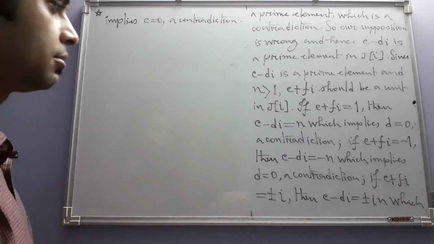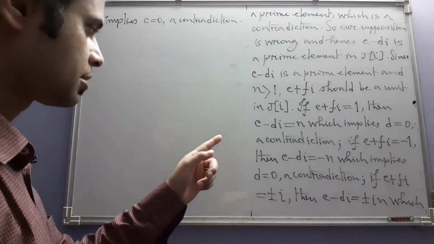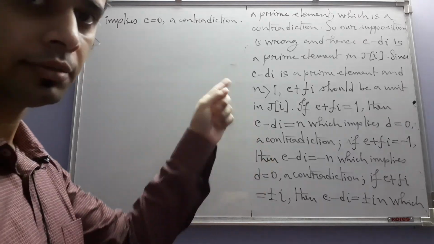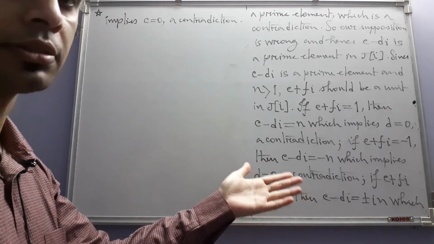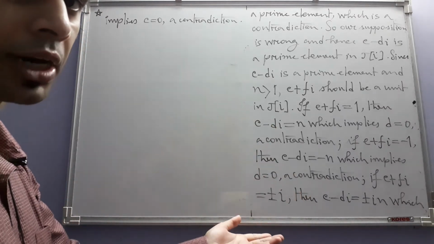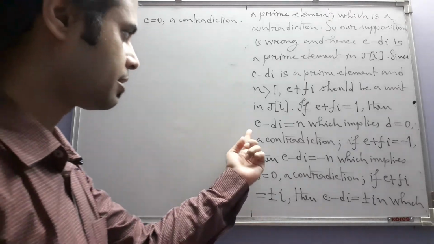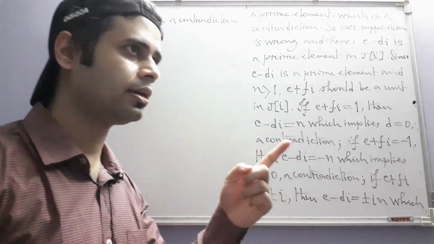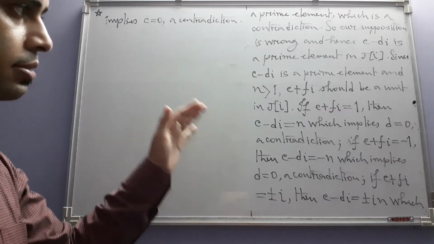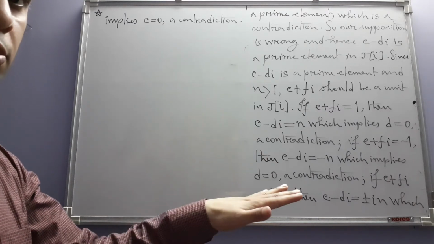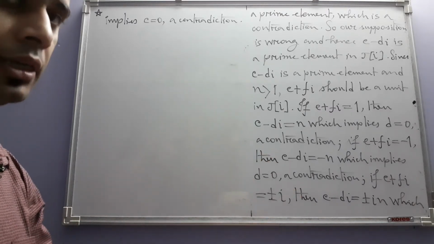So that means the supposition that we had previously, that c square plus d square is not a prime element, under the assumption that c plus di is a prime element, is wrong. That is, c square plus d square has to be a prime element in the ring of integers.